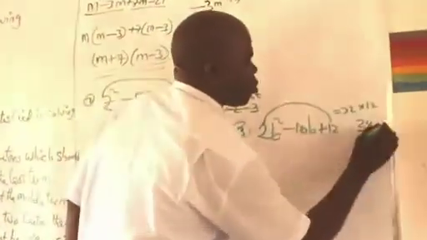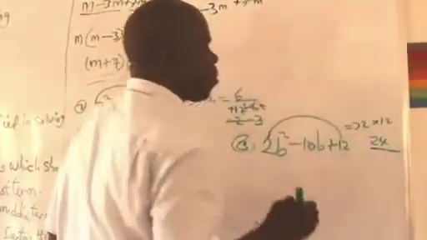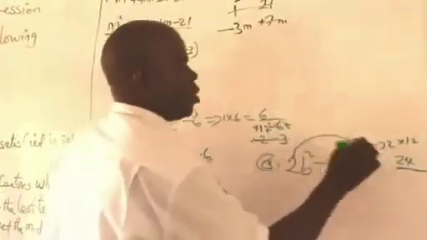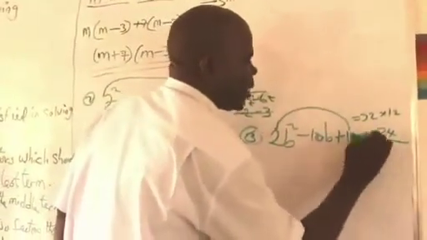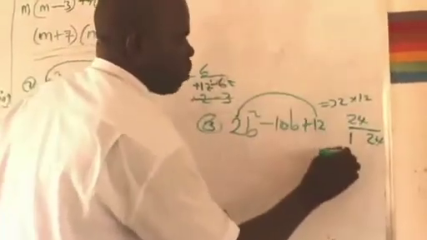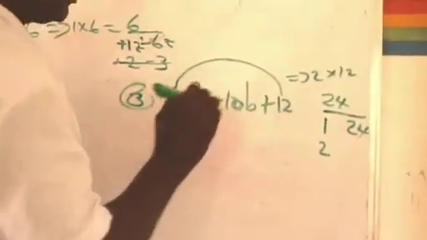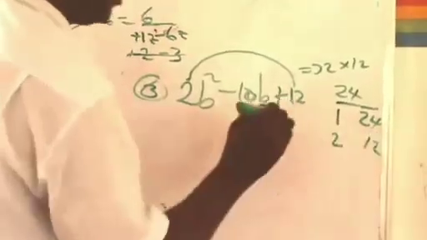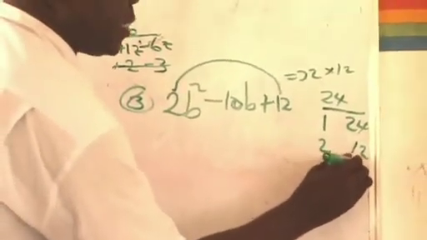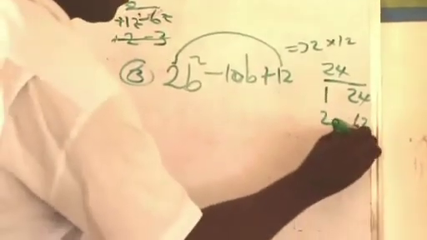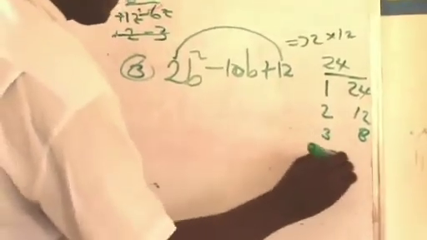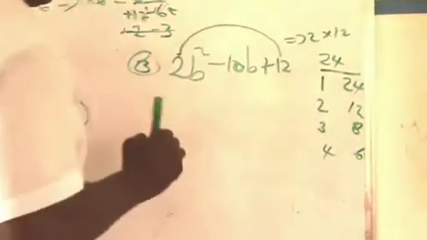We are going to find the factors of 24. Now, to find the factors of 24, the same procedure. 24 divided by 1 is 24. 24 divided by 2 is 12. 24 divided by 3 is 8. 24 divided by 4 is 6.